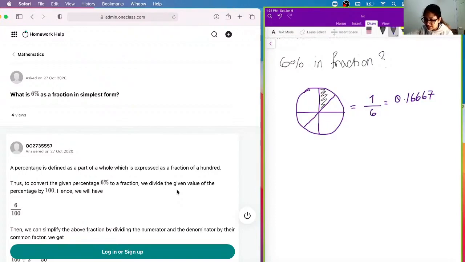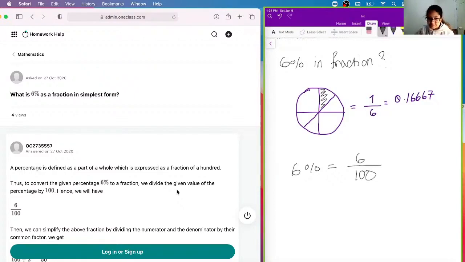In this case, 6% is out of 100, so 100 resembles one whole piece, you can say. So another way to write 6% is 6/100. When you're talking about percentage, you're always talking about out of 100 in a fraction.